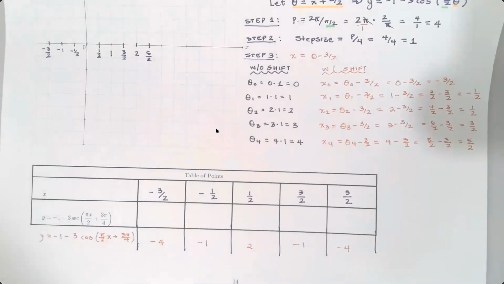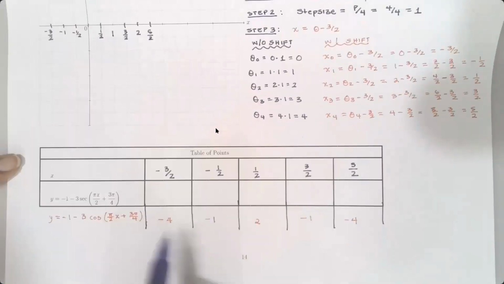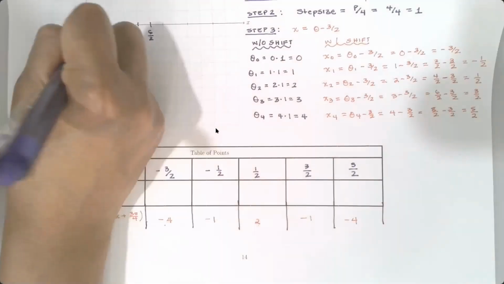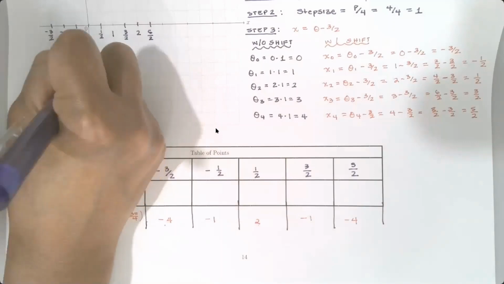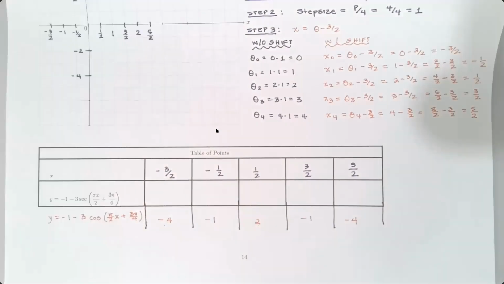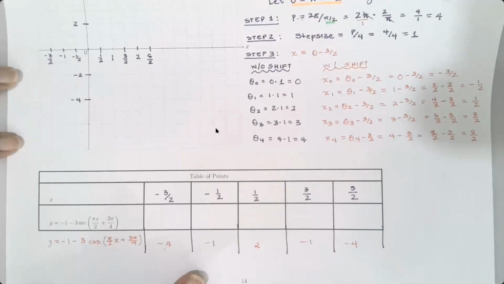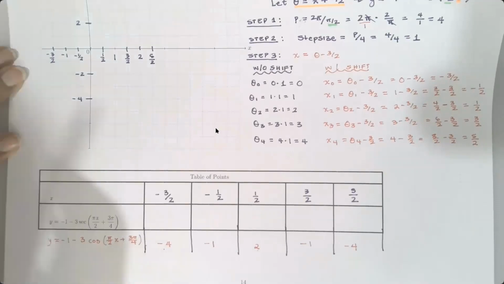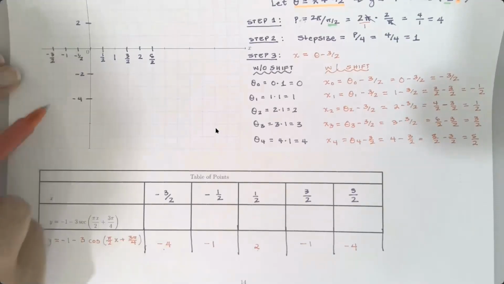We need the lowest y value we have, which is negative 4. The largest is 2. So I'll make this a negative 2, and this a negative 4, and this a 2. All right. The first point on the reference graph is negative 3 over 2 comma negative 4, which is down here.